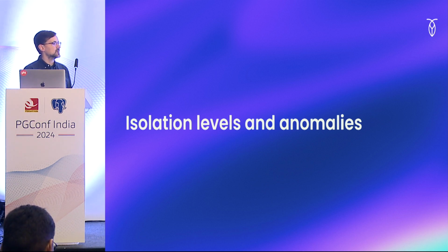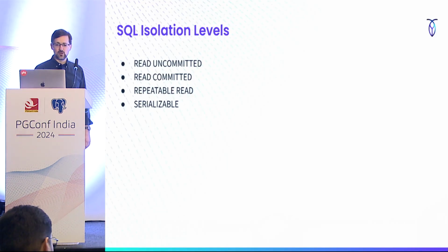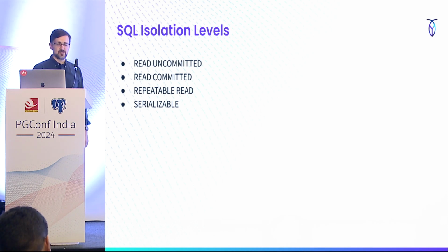So, what are isolation levels and data anomalies? Well, if you look in the SQL standard, there are 4 officially defined isolation levels: read uncommitted, read committed, repeatable read, and serializable. So what do these names mean? Well, in the SQL standard and in most database documentation, they're described with a big table that looks like this.